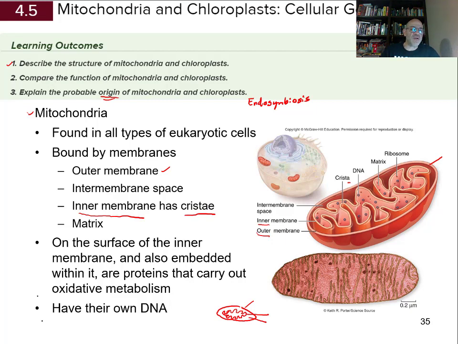And that's going to be where a lot of the action takes place that we're going to learn in future chapters when we look at how mitochondria break down food to generate ATP. Now, oftentimes starting about 7th grade or earlier, we call mitochondria the powerhouse of the cell. We're going to learn to apply higher-level terms to this.